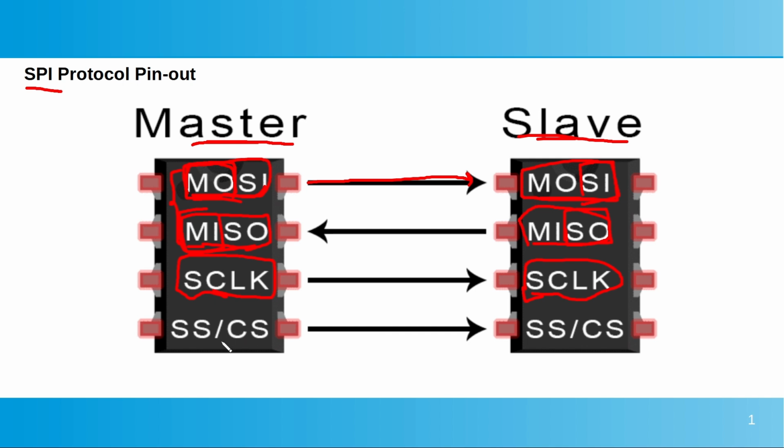Finally, we'll have this last pin, slave select or chip select. This one will be used in case we have a bus topology that consists of a single master and multiple slaves. In this case, the master will be able to select which slave it is going to communicate with via this pin.